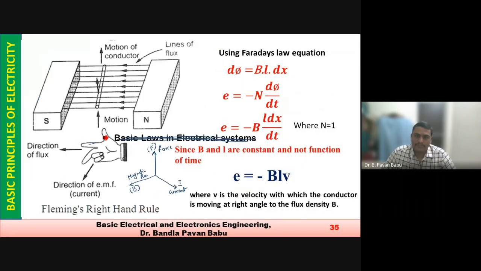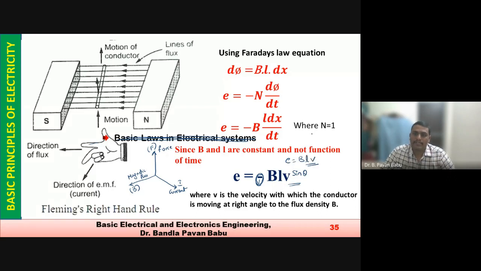Next, coming to the generator, we have already discussed E equal to, just ignore this negative polarity because of Lenz's law. Again BLV; if you want it in terms of angle you can write BLV sin theta, or if you just want the magnitude it is BLV.